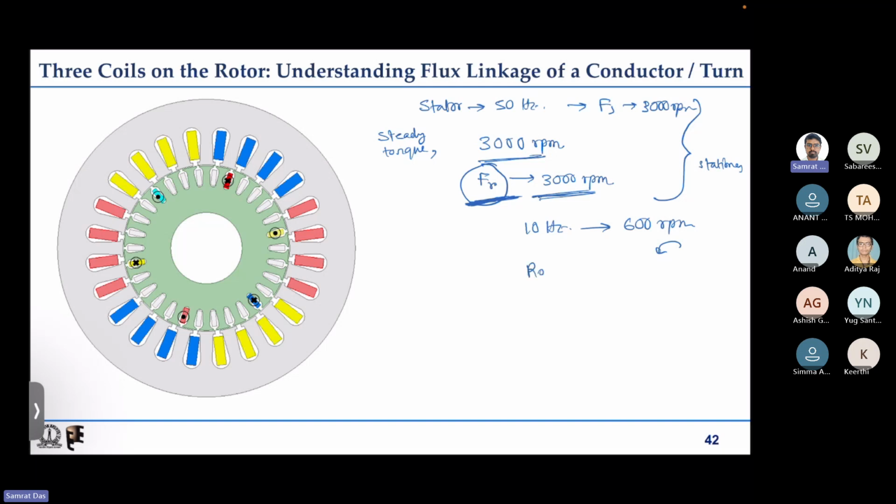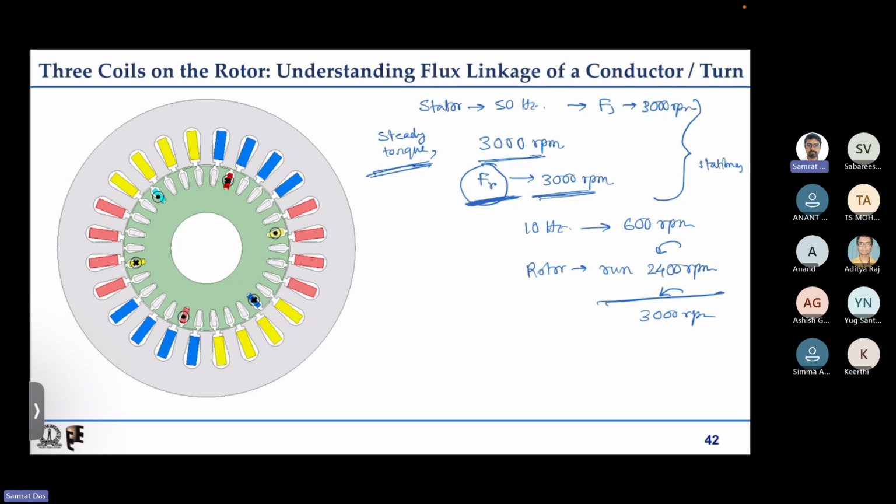And if we make the rotor run at 2400 rpm in the anticlockwise direction, then what is the relative speed of the rotor field with respect to the stator? That becomes the summation of the two, that is 3000 rpm. So we are getting what we wanted for steady torque production.